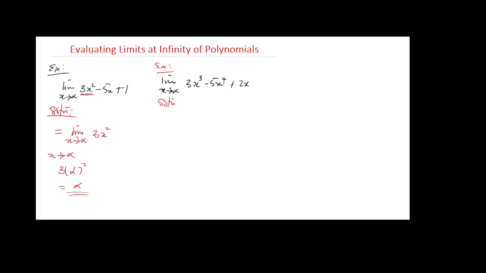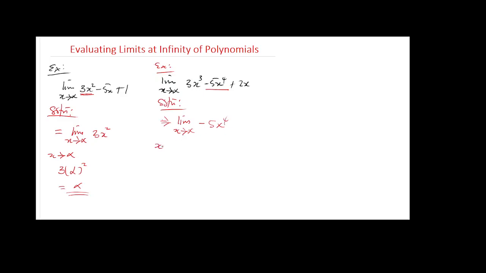You may want to pause the video and try this out. Consider only the term with the highest degree, and that will imply that what we have left will be the limit as x approaches infinity. The term with the highest degree is minus 5x to the power of 4, so we have minus 5x to the power of 4.